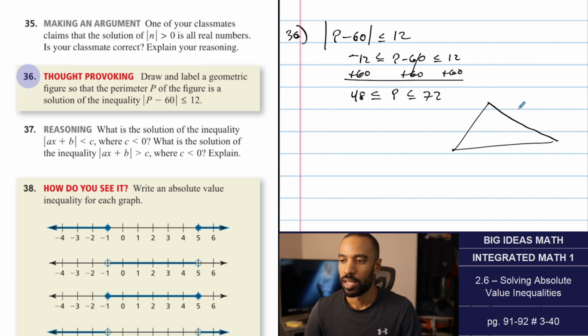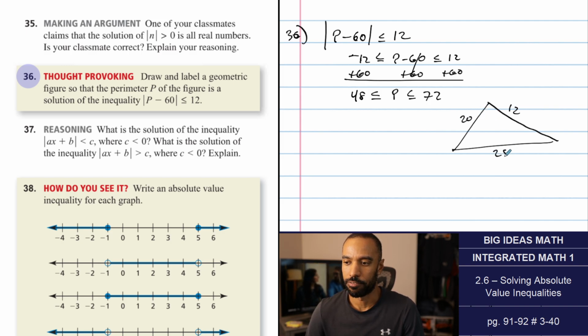Big old triangle. Now it needs to satisfy the triangle needs, which is that a plus b is greater than c. Let's see. If I do 10, 20, and 30, well, that would be 60 exactly. Oh, that wouldn't even work for a triangle. Let's do 12, 20, and 25. 12 plus 20 is greater than 25, so that satisfies the triangle part.